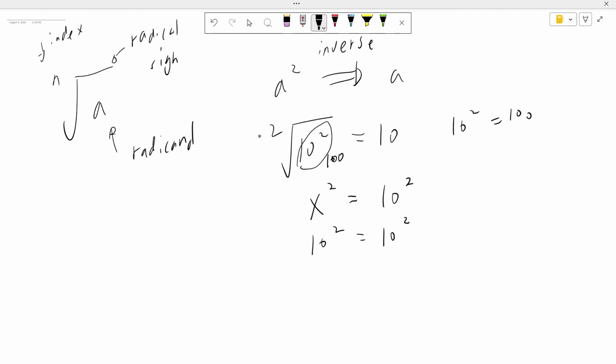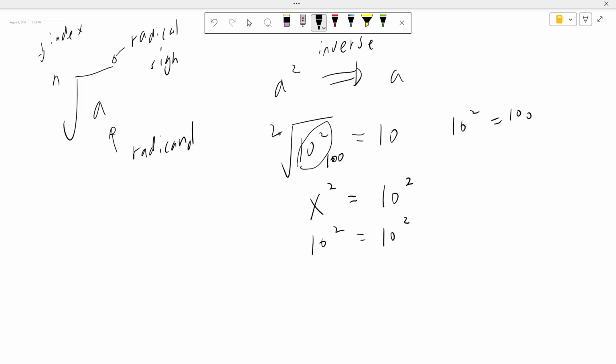Now when you have 2 as the index, that's taking the square root, but you can also take a cube root or nth root if the n is different than 2. It could be basically a whole number greater than or equal to 2.